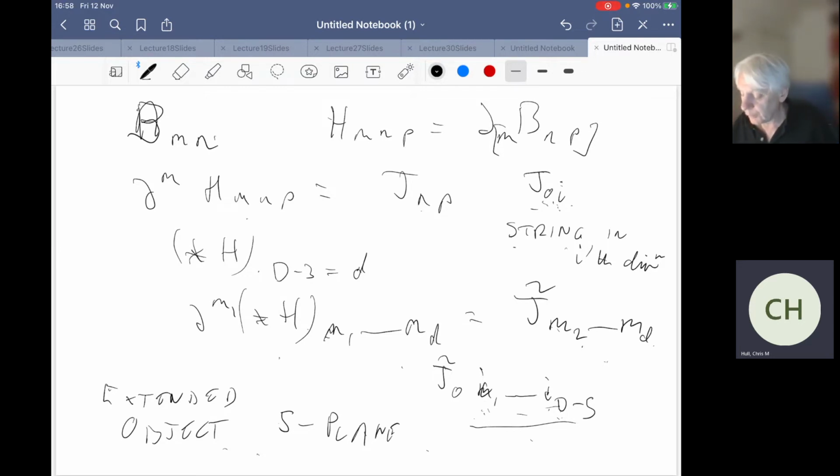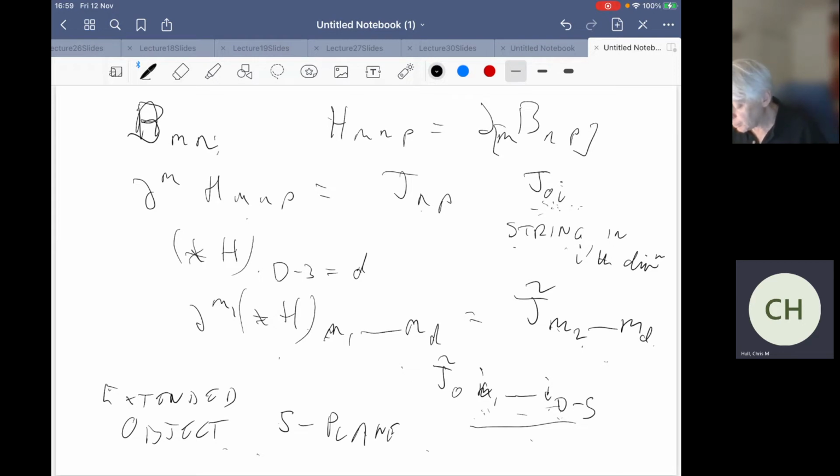And one could go on in this way. If we consider the third rank antisymmetric tensor, it would couple to something carrying 2 indices, extended in 2 directions, which would be a 2-dimensional object known as a membrane or a 2-brane, and its dual would be something extended in four directions in 10 dimensions, giving a 4-brane, and so on.